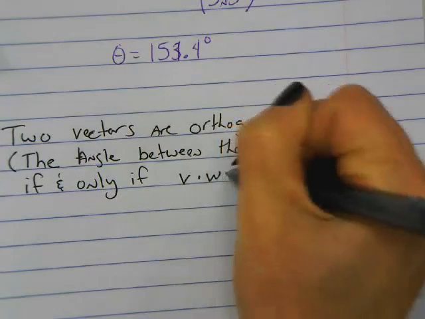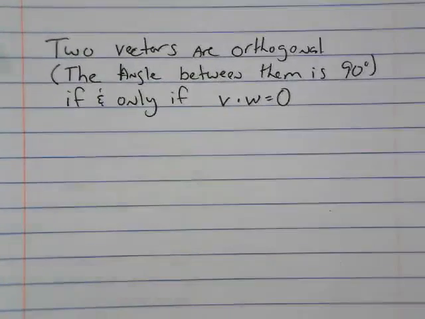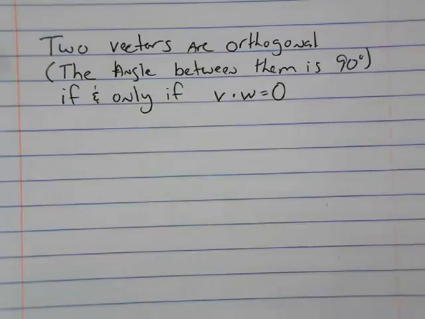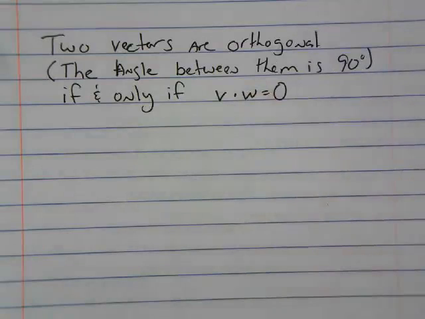Okay? So to tell if two vectors are orthogonal, you take the dot product and see if you get 0. Okay? And this is where we'll go ahead and wrap up.